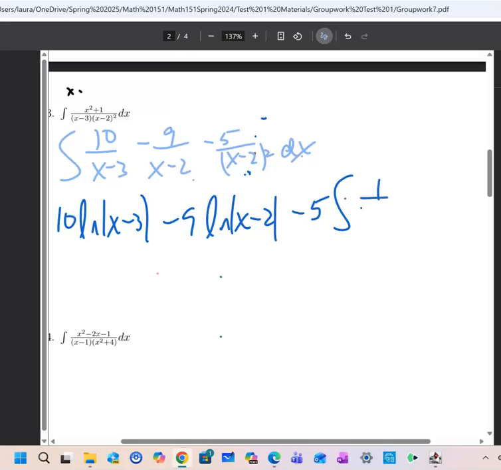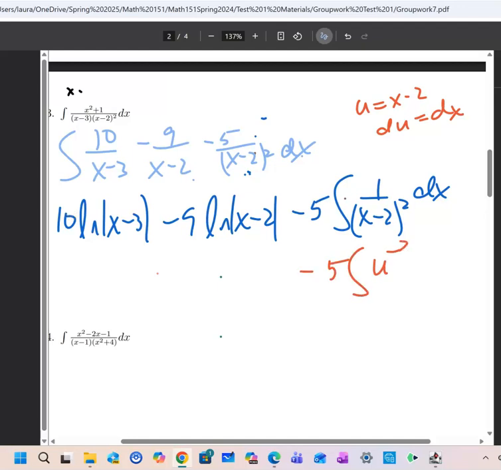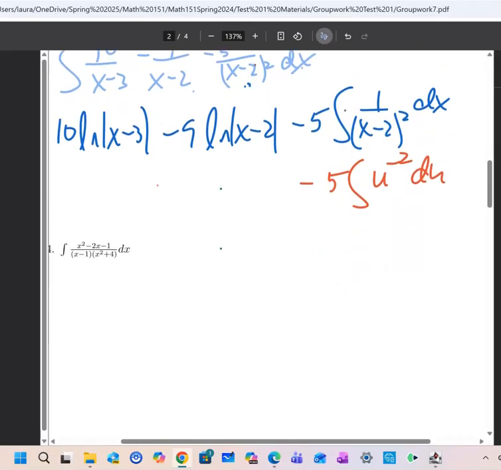So I'm just going to go slow, taking steps, making sure I don't make a mistake. So u equals x minus 2, du is dx. Then this turns into minus 5 u to the negative 2. If I add 1 to the exponent and put it over that number, this will give me a positive 5 times 1 over u.